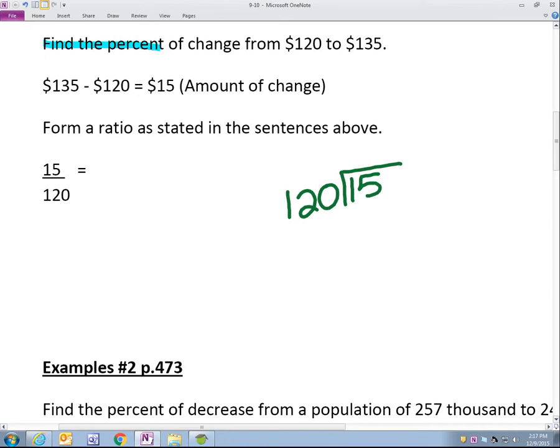So we'd go 3 and what? It's taking out 5, 5 times 20.